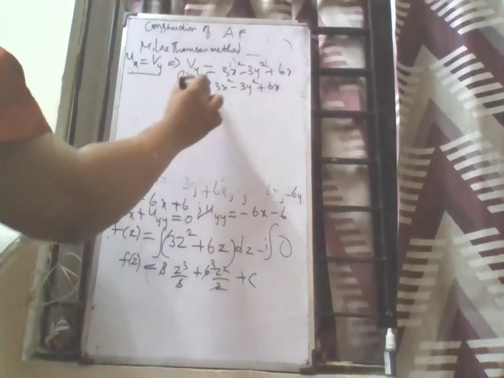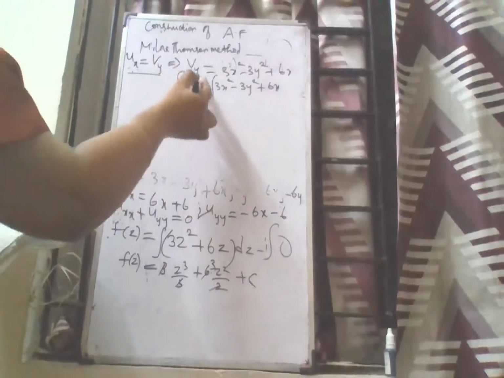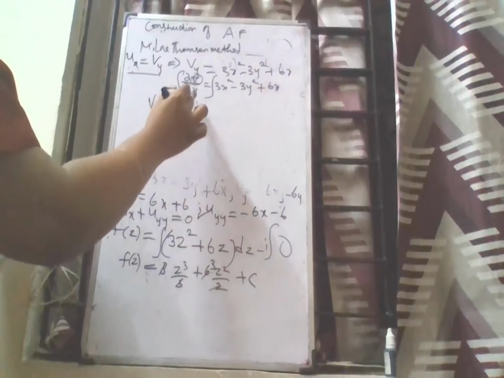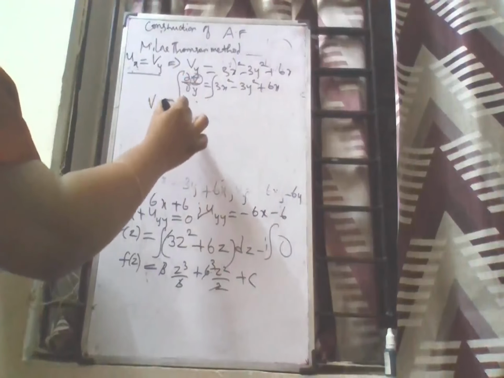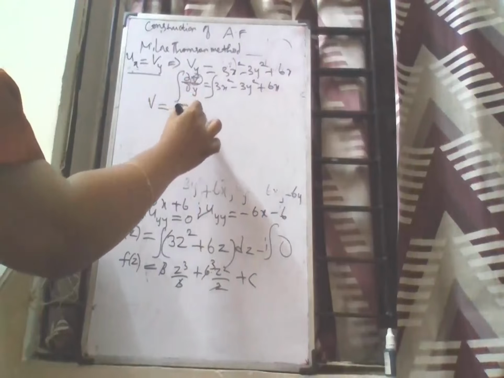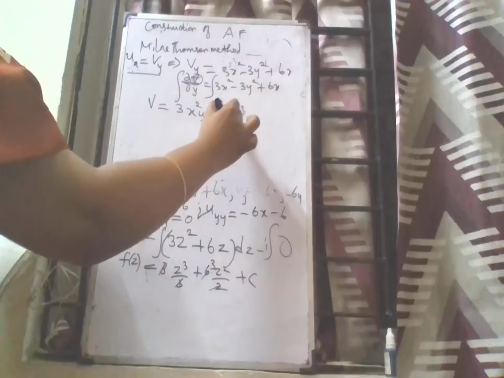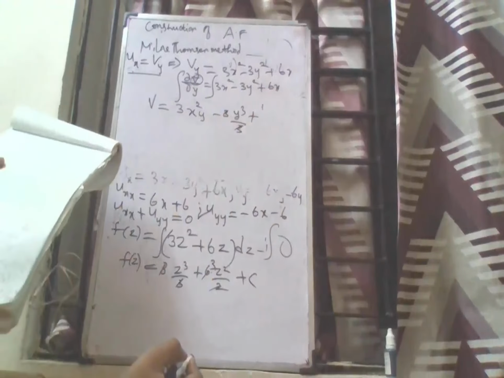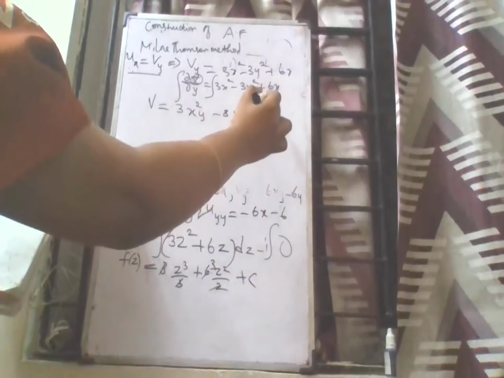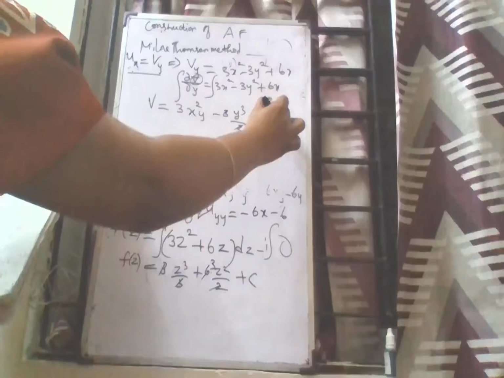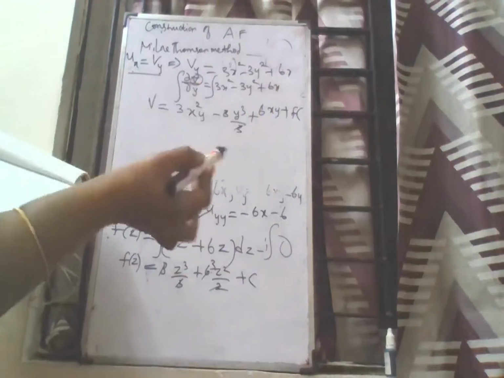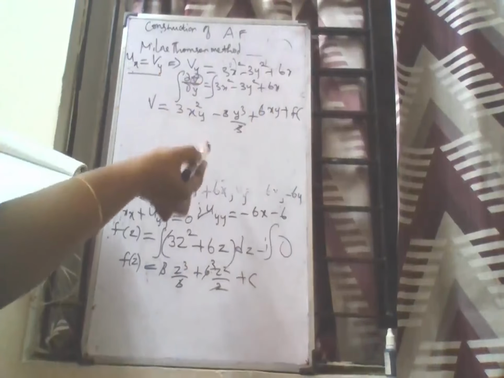Well and good. Now here I am going to find v. I have to integrate with respect to y, partially. So what will we get? 3 into x square y minus 3y cube by 3, plus 6 into xy, plus some constant. Obviously, as I always say, the constant is a function of x, because v is a function of x and y only.